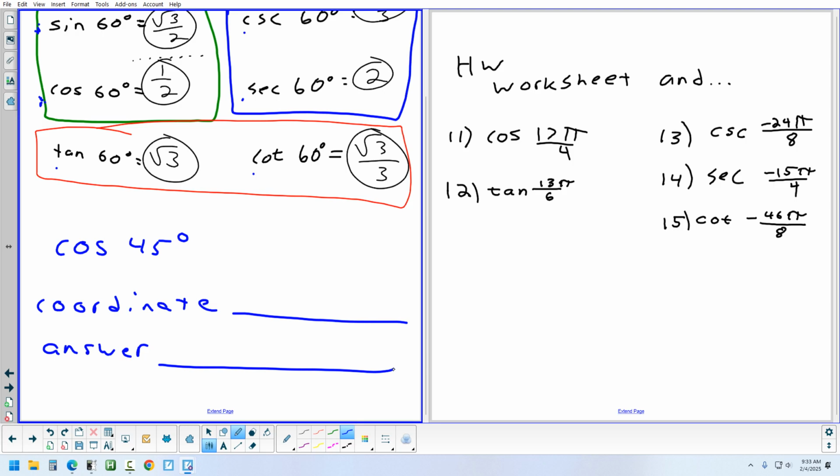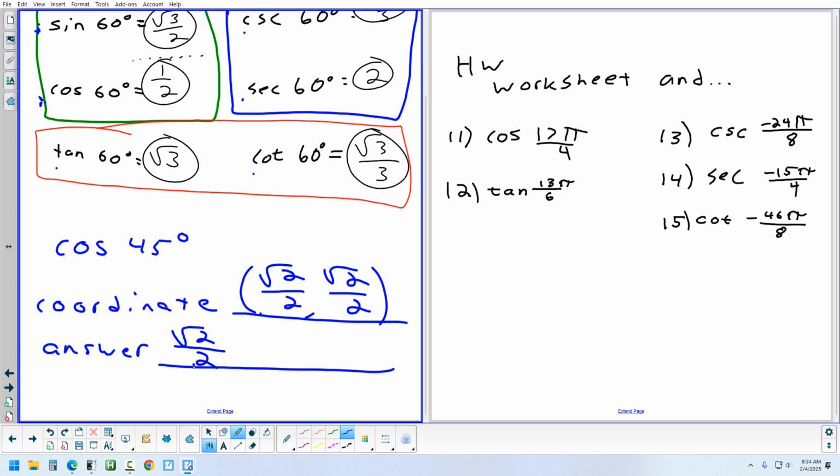So the coordinate is the location. What's the coordinate for 45 degrees? Root 2 over 2, root 2 over 2. Now, the cosine is the actual answer, so you need to know what to do with the x and the y. The formula for cosine is which letter? The x. So the answer to this problem is root 2 over 2. And that's how the questions on the test are set up. 2 parts, coordinate on one part, answer on the other part.